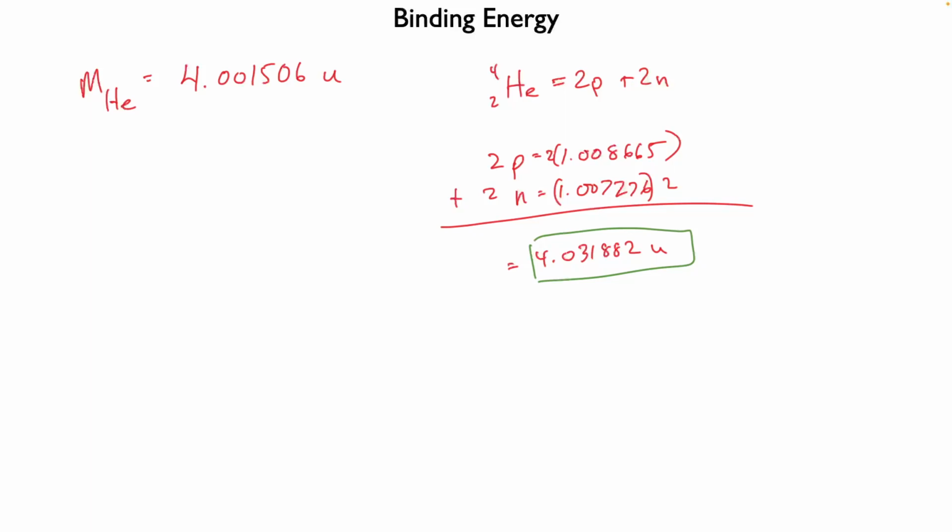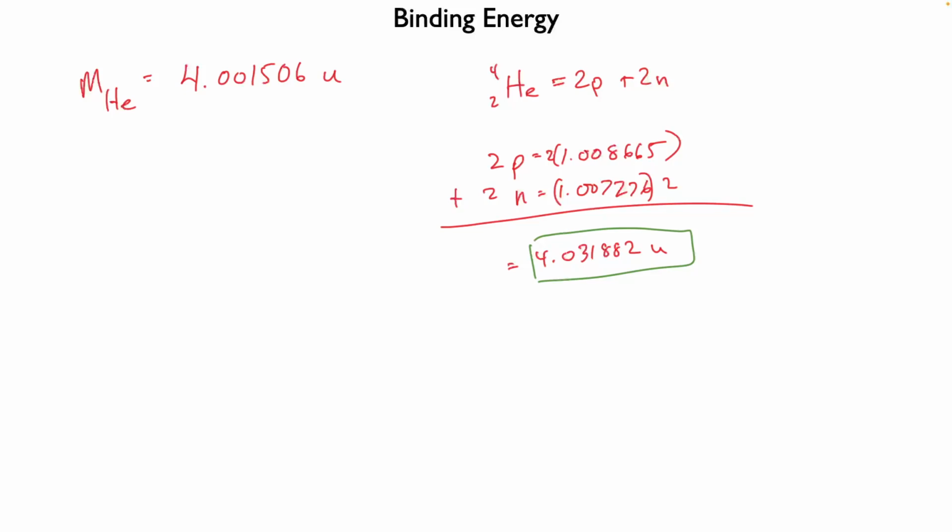But the mass of helium as it occurs in nature is that. Bigger or smaller than what we get when we just add stuff together? It's smaller. Where did the mass go? Energy. It went into the energy that keeps that nucleus together.